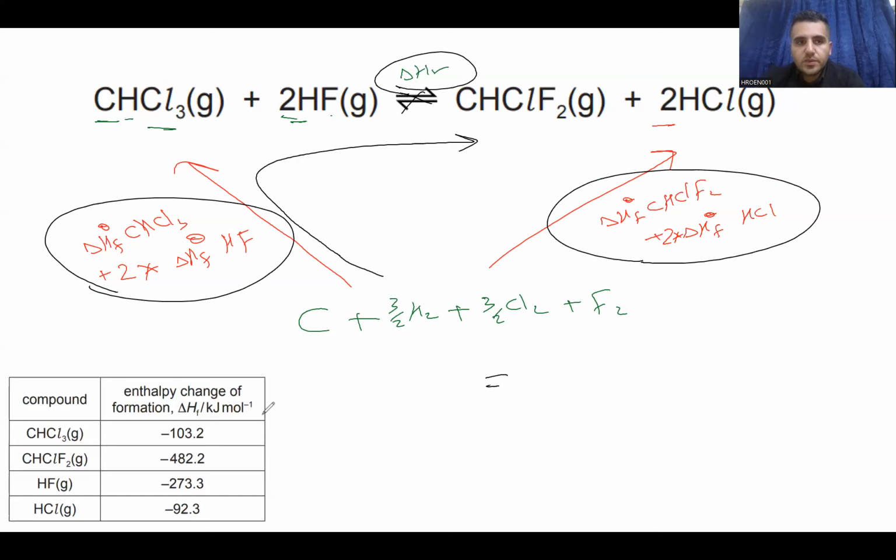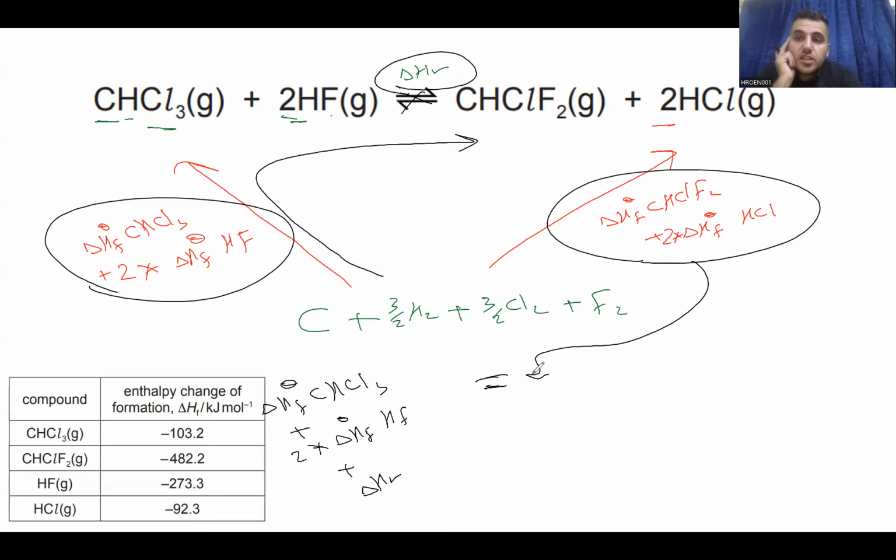So it's going to be delta HF of CHCl3 plus 2 times delta H formation of HF plus delta HR equal to these things here, okay? Just substitute the numbers and you can find delta H of reaction.